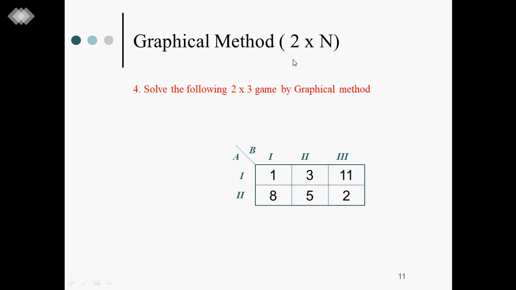Either the row player or the column player should have 2 strategies, because we will have x and y coordinates. Now let us discuss the graphical method of 2 by n type. 2 by n means the row player has 2 strategies, the column player has more than 2 strategies. N is a finite number, of course.